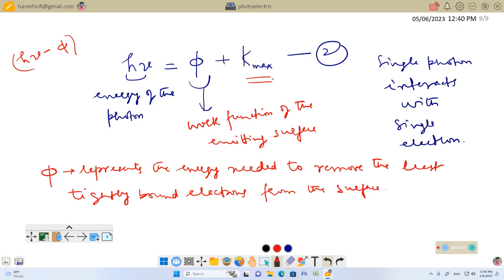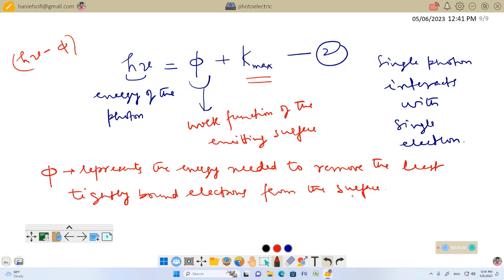Now, if the electron does not lose energy by internal collisions as it escapes from the metal, it will have greater kinetic energy after it emerges. So when we write K max in this equation, that means it is for that electron which experiences least internal collisions as it escapes through the metal and which is least bound.